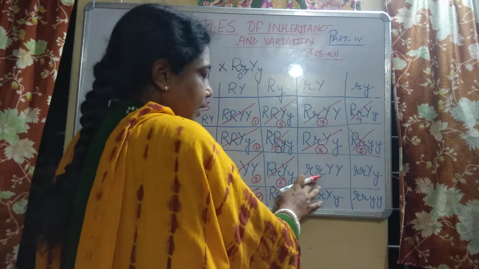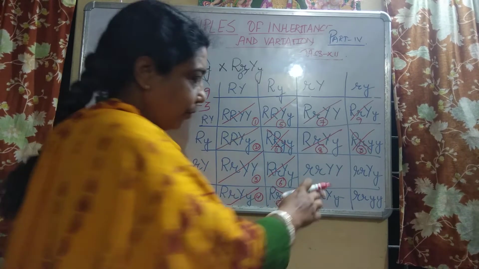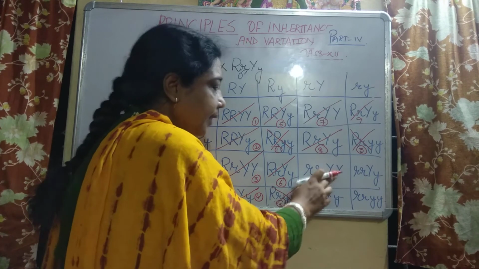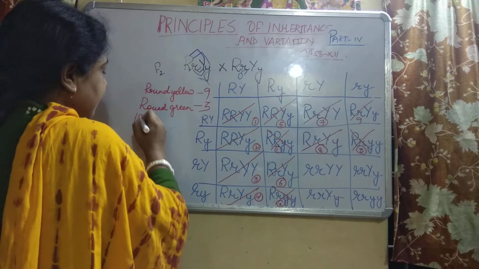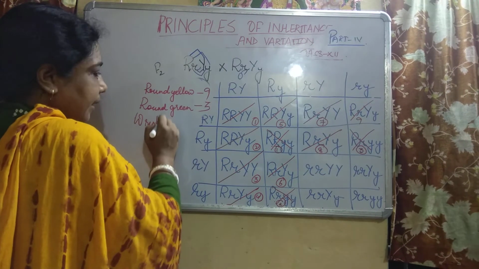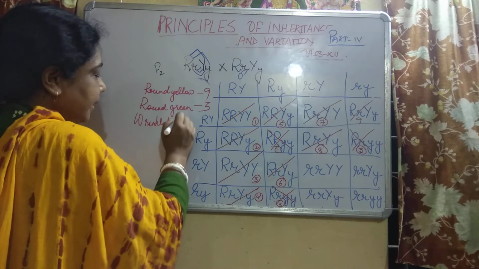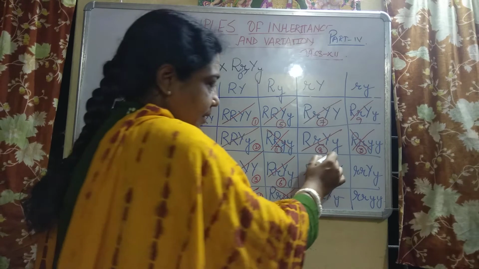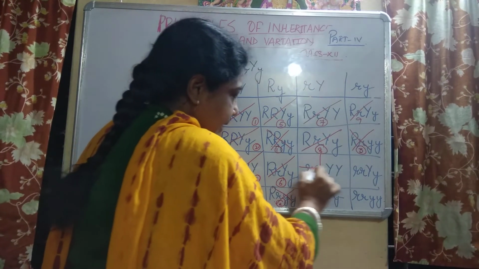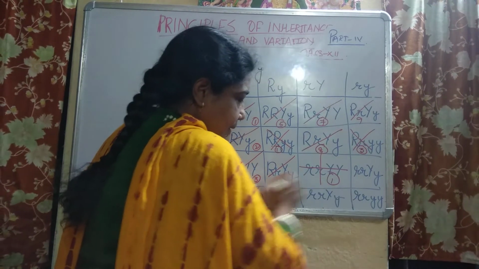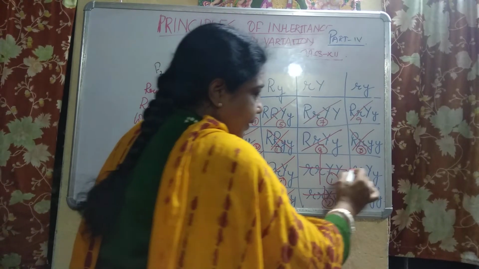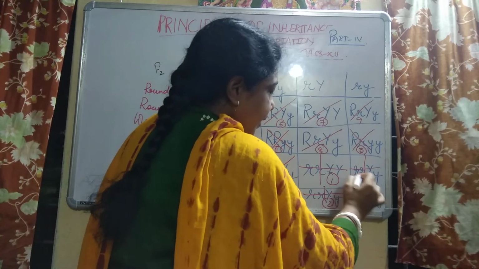Now this one is wrinkled yellow. It is small, that is why wrinkled yellow. What is the next thing? The next phenotype you are getting is wrinkled yellow. Let us see. This is wrinkled yellow 1, wrinkled yellow 2, wrinkled yellow 3.